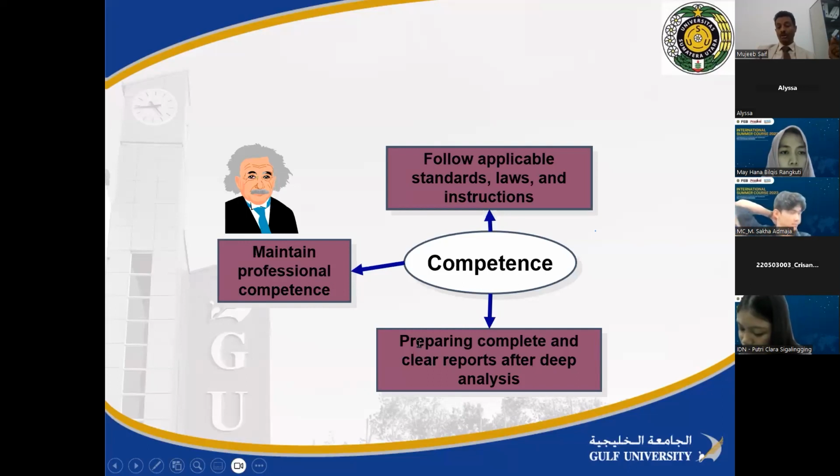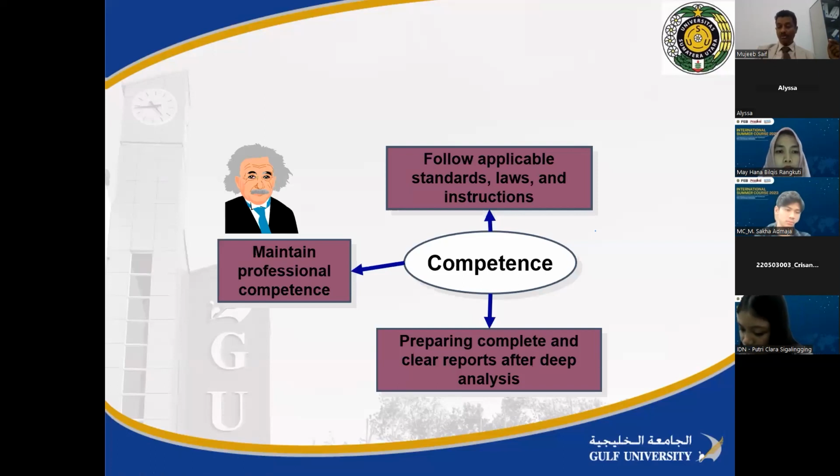We should prepare complete and clear reports. Once a manager wants us to provide a report, for example, when the manager receives an offer from a new customer and wants to make a decision, he asks us as managerial accountants to provide a report about this offer.